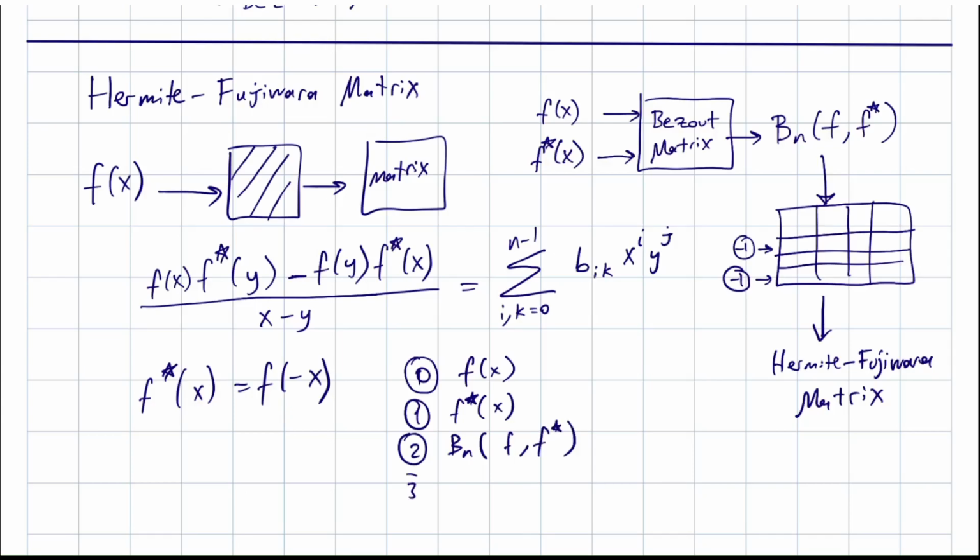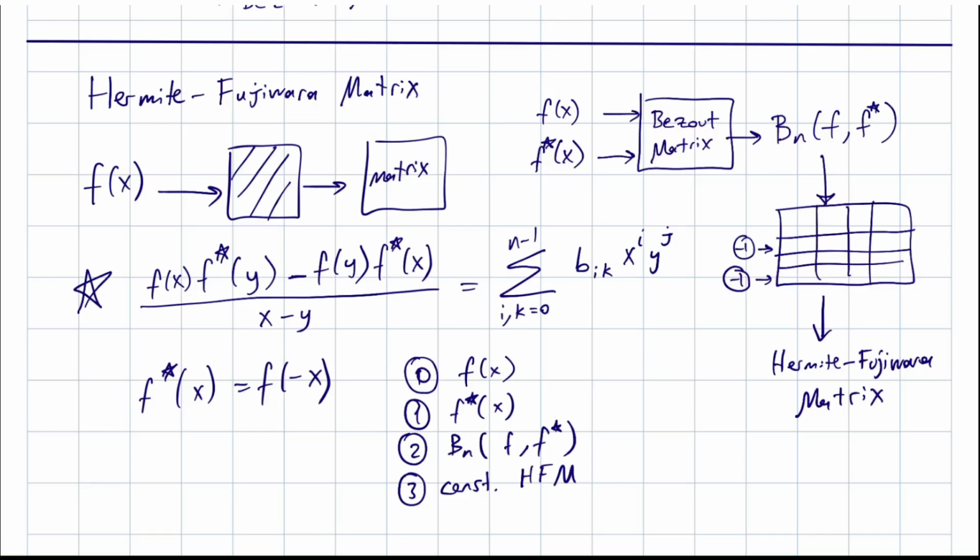And then third, construct the Hermite Fujiwara matrix. You have f of x, and then you have f star of x, which is literally this formula. Then compute the Bezout matrix of f and f star, and it is this formula, by the way.